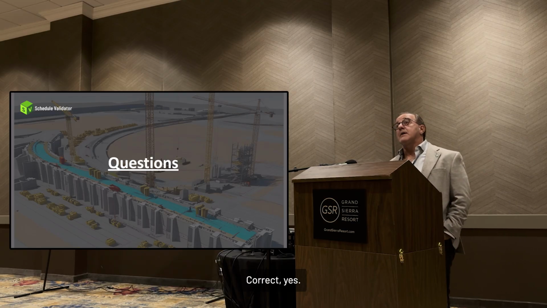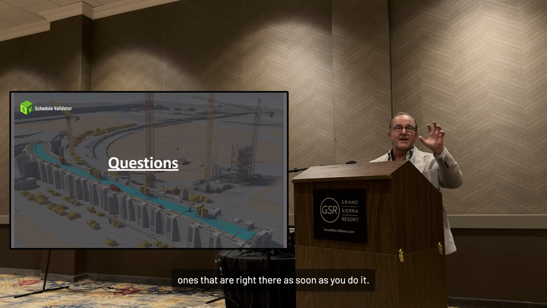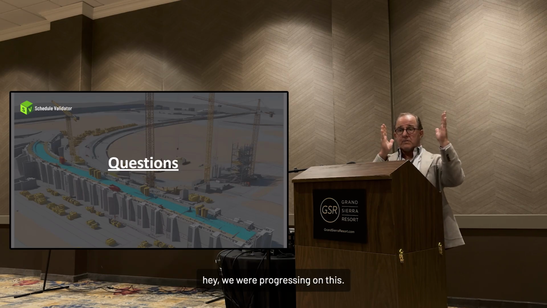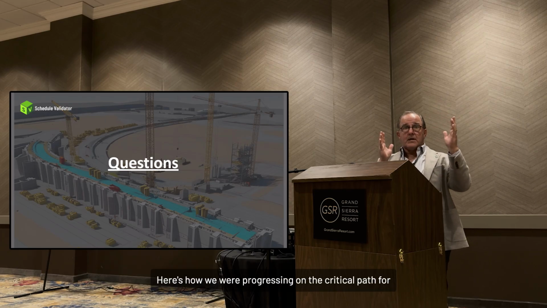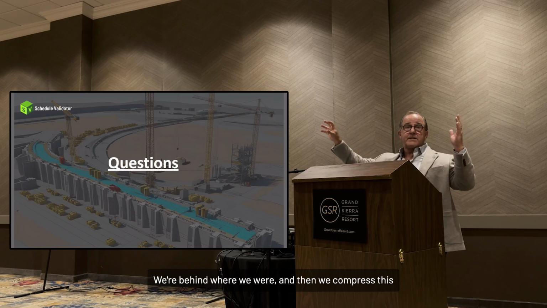Correct. Yes. The 8 that I showed there are the 8 that are right there as soon as you run it. But that Windows analysis that I was showing you shows, hey, we were progressing on this, here's how we were progressing on the critical path for this period. We're behind where we were, and then we compress the remaining.